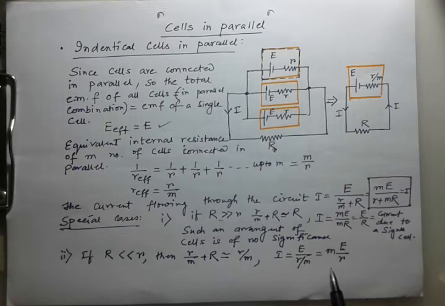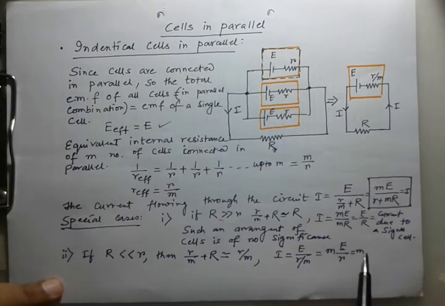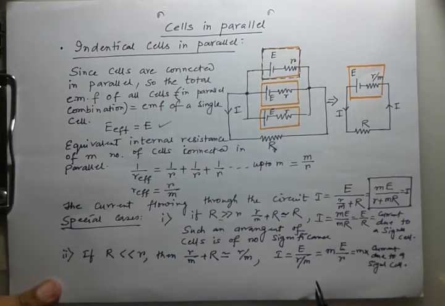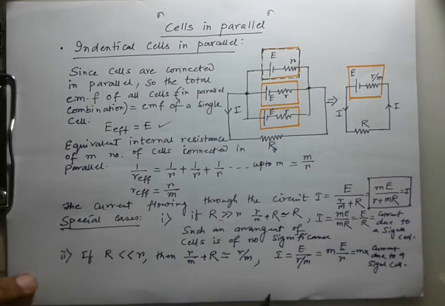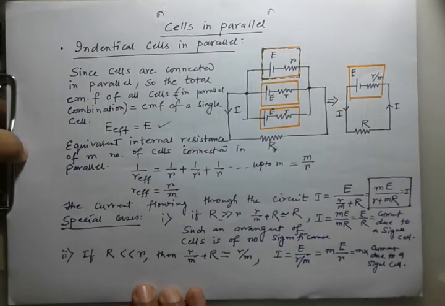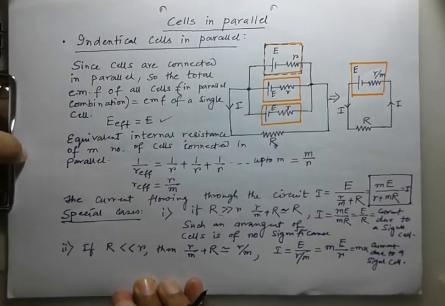I is equal to m times the current due to a single cell. So in order to get a large current in the circuit, the cells may be connected in parallel to a small external resistance. If you want to increase the current in the circuit more, you have to do this type of connection.